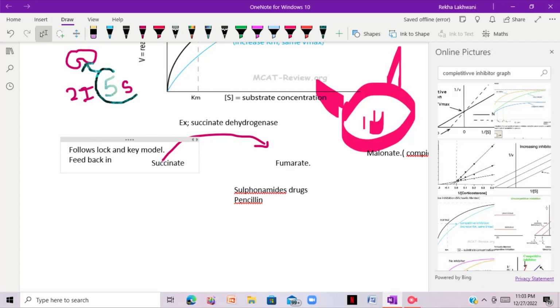Now let's move to number two, which is non-competitive inhibitors, right? Now what are they?